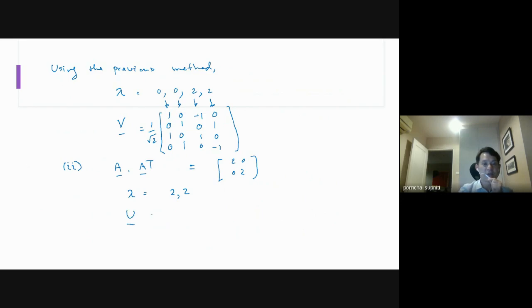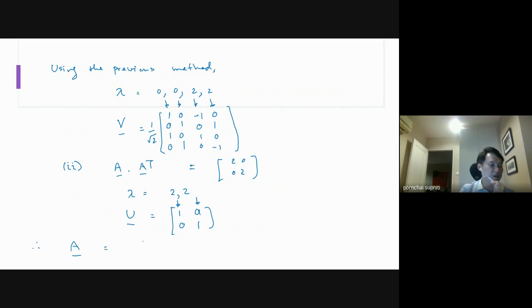And the U matrix is m by m, right? So which is 2 by 2. So I get 1, 0, 0, 1. Okay. So you notice that this column has unit length already, so no need to normalize it.